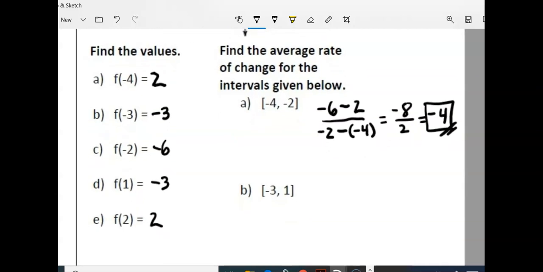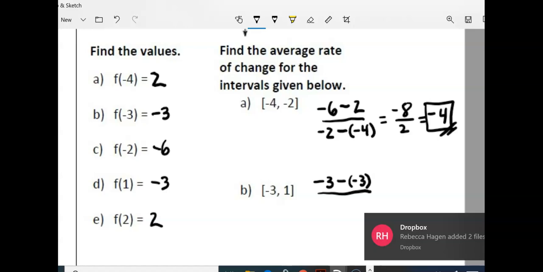The interval negative 3, 1. At negative 3, we're at negative 3, and at 1 we're at negative 3 also, so there's negative 3, negative 3, minus negative 3, and that's over the interval 1 minus negative 3.